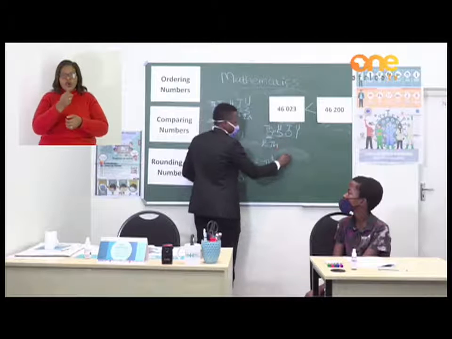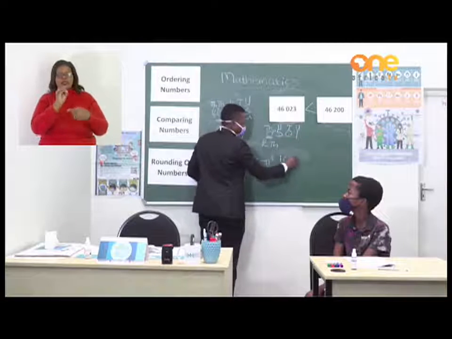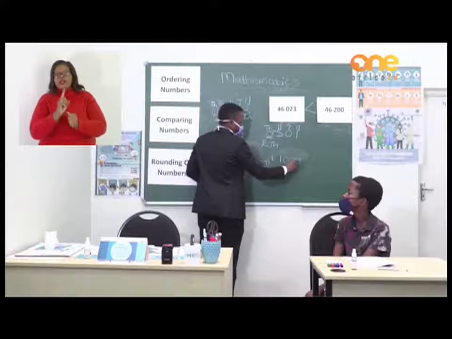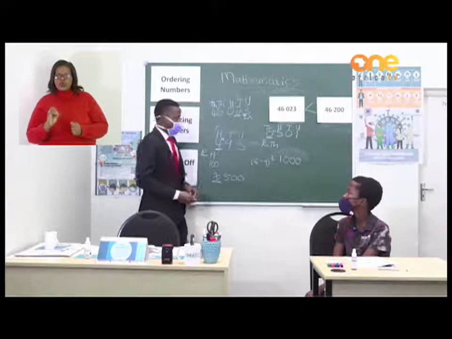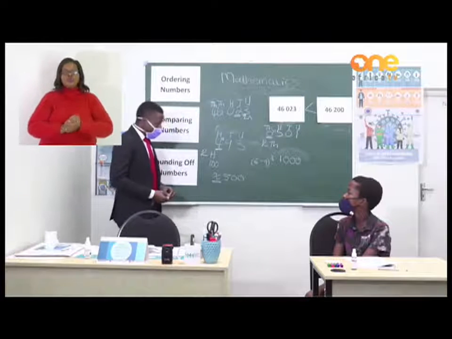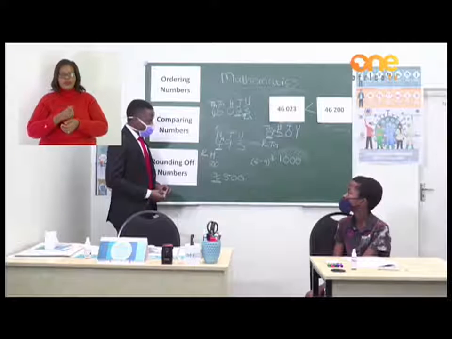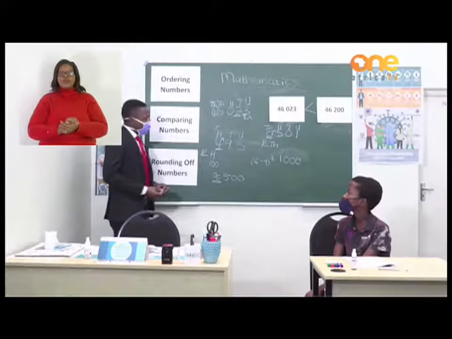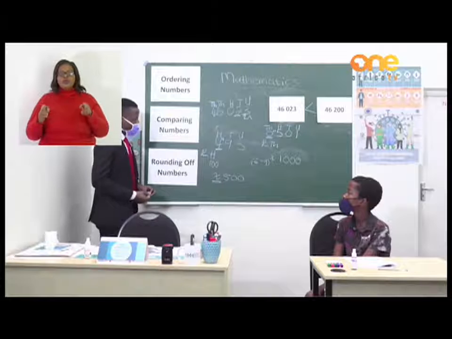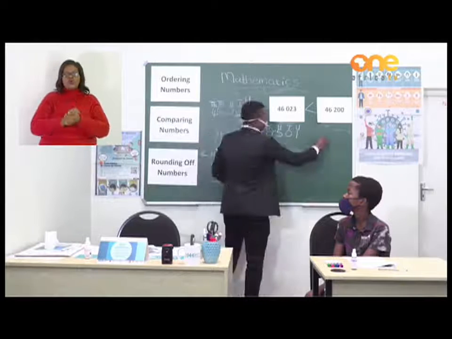In place of this, I put a 0, place of that, a 0, place of that, a 0. Our answer is 1,000.